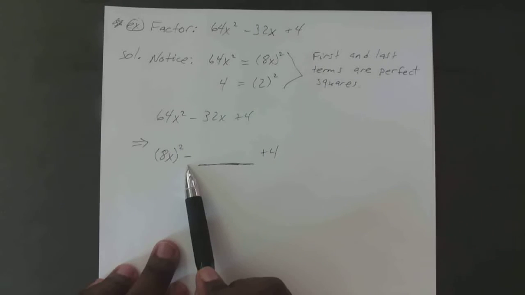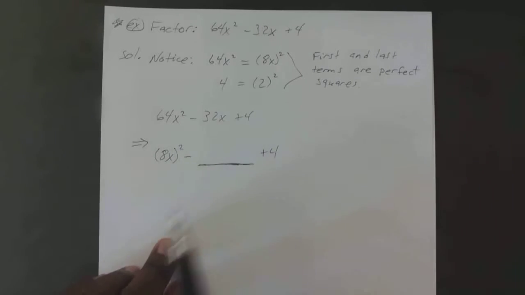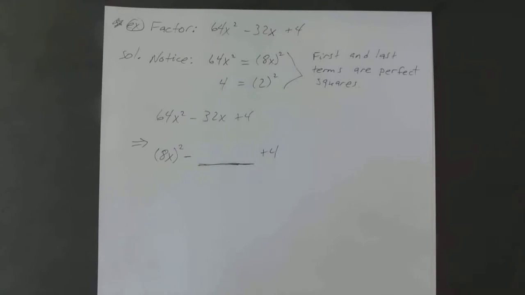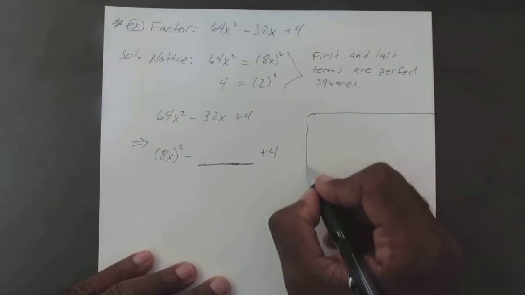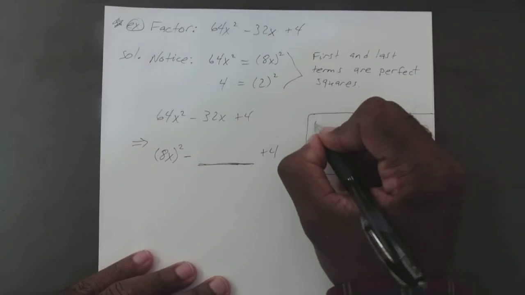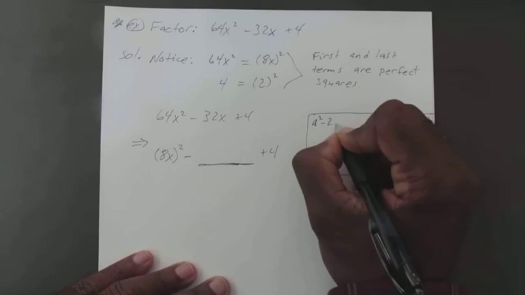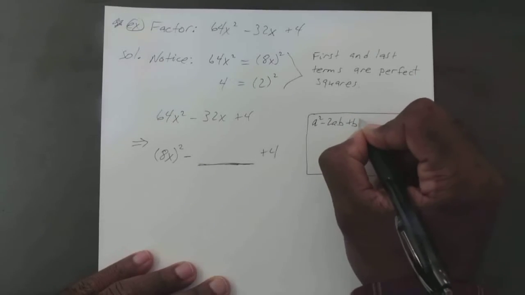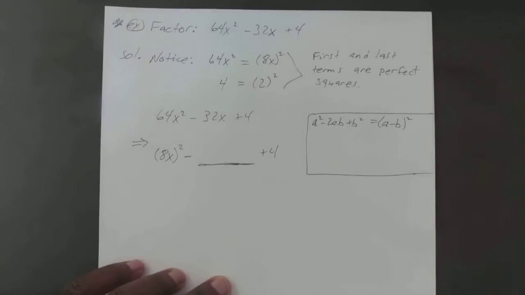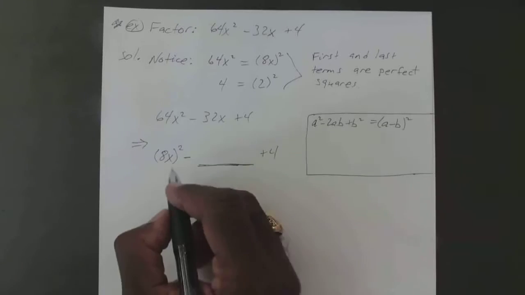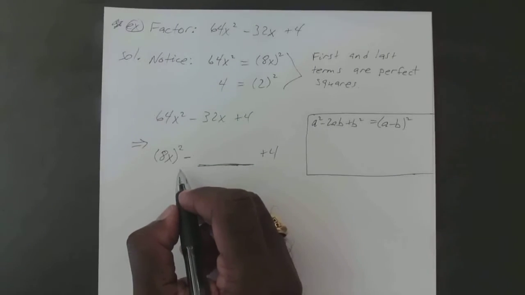Now the sign in front of that middle term is negative. So instead of the a squared plus 2ab plus b squared, we're going to use the minus 2ab, because that's how it will match up. Okay, a squared minus 2ab plus b squared equals a minus b squared. Okay, so that sign alone will let you know which formula you're going to use.